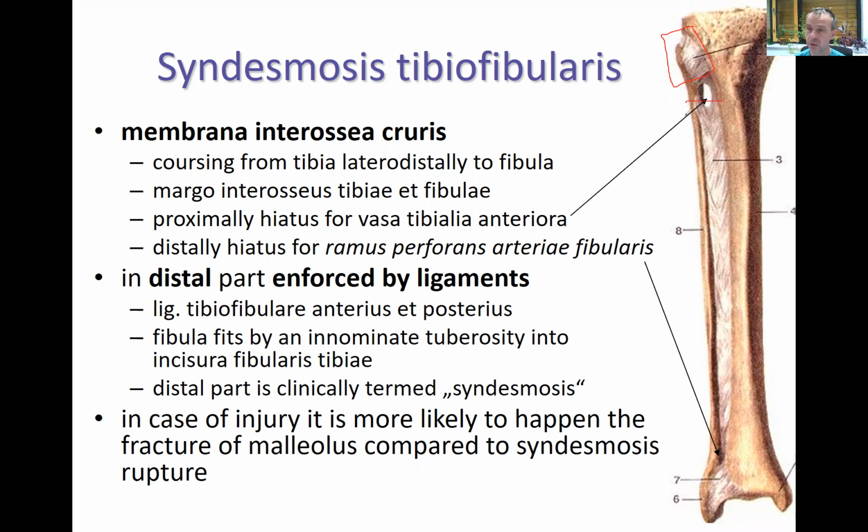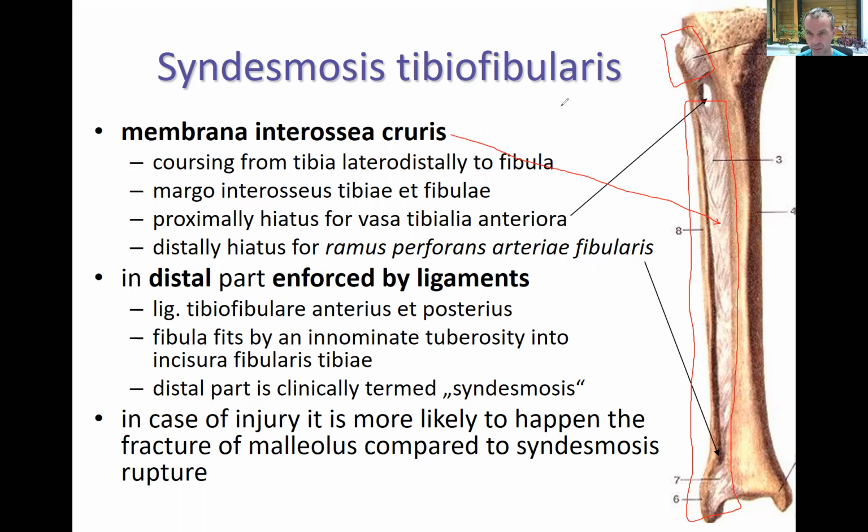But the term Tibiofibular joint can evoke an imagination of this connection. But this connection is the tibiofibular syndesmosis. And the tibiofibular syndesmosis is composed of a membrane. So this is the leg interosseous membrane, membrana interossea cruris.